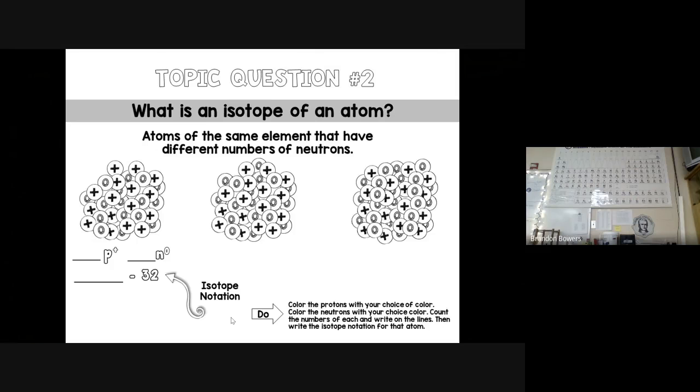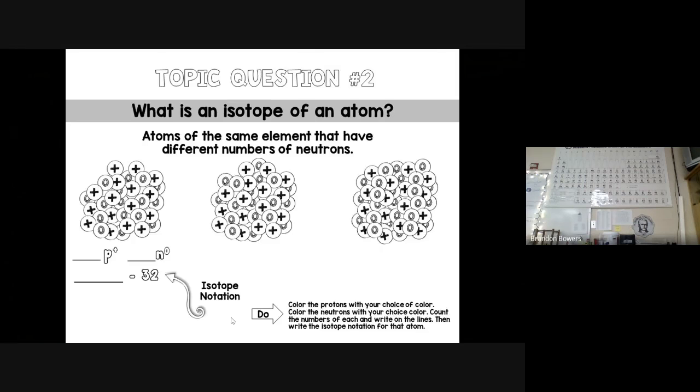An isotope is atoms of the same element that have different numbers of neutrons. Okay, atoms of the same element that have different numbers of neutrons.